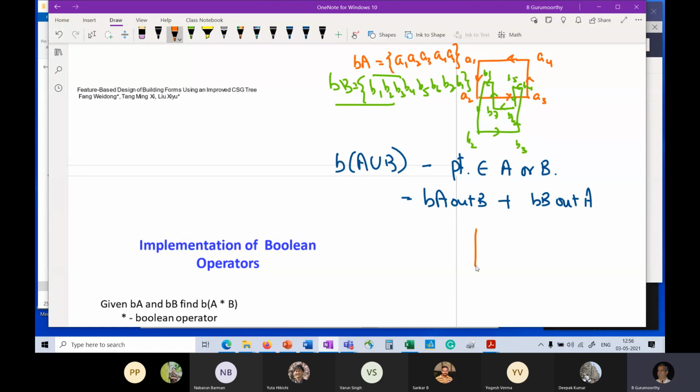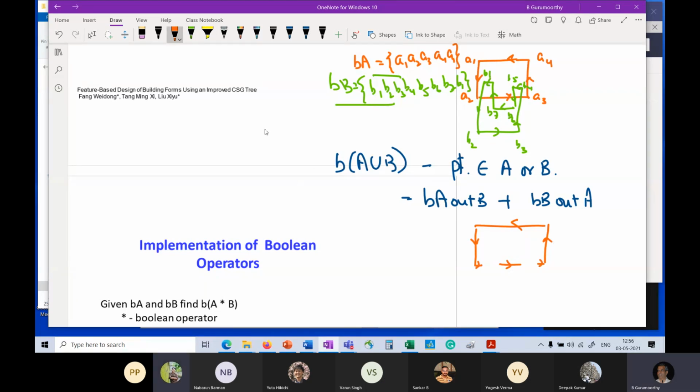So I'm just going to draw them, and you can see that I have drawn it correctly. Right? Those are the elements of the boundary of A that are outside B. Okay? I hope you agree with that.